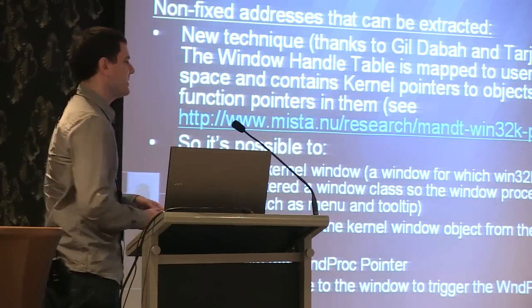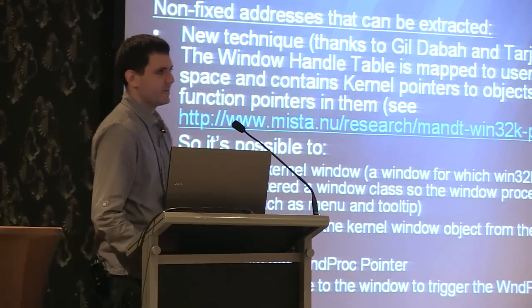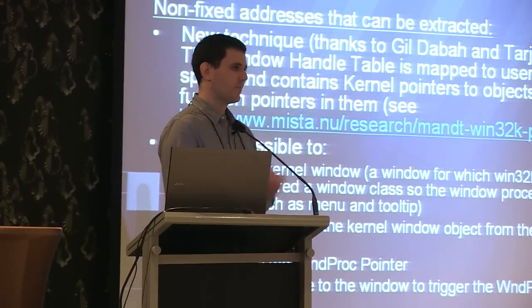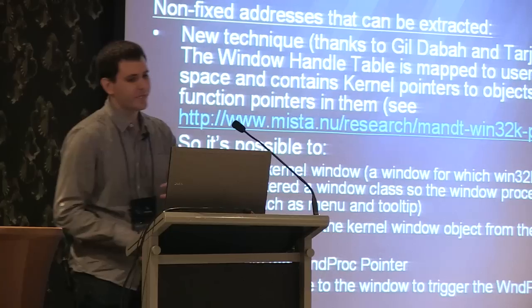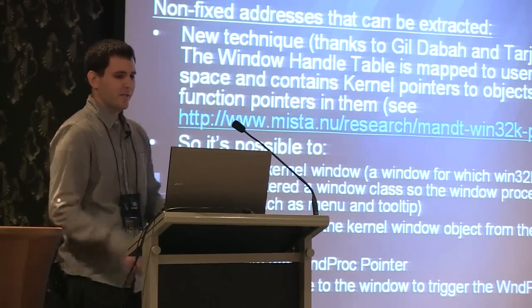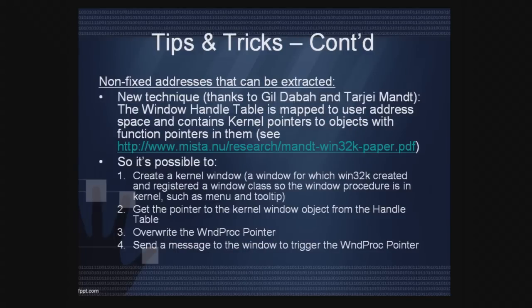Other non-fixed addresses, which is more relevant to privilege escalations. If you can run code, there's a new technique that Gilad Bakas and Tarjei Mandt, I hope I pronounced his name right, have done really good work on Win32k, and one of the things that they found is that the window handle table is actually mapped to user mode. It's a shared section. In that table, there are kernel pointers to the window object, and in that object, there's, among other things, a pointer to the window procedure.